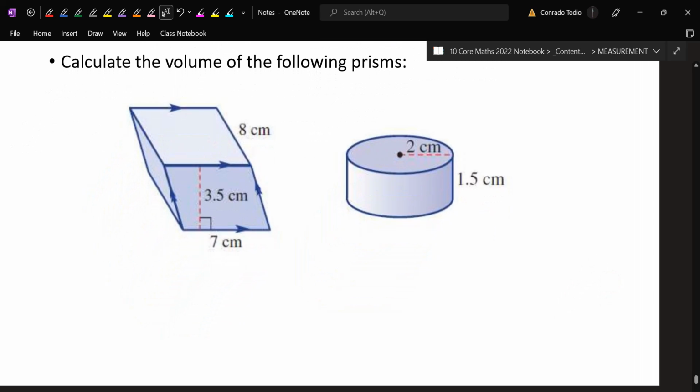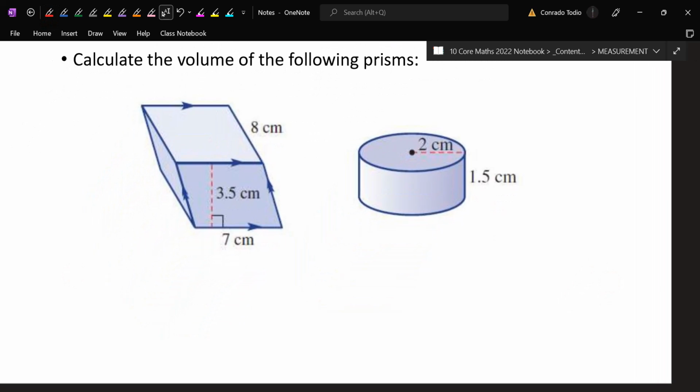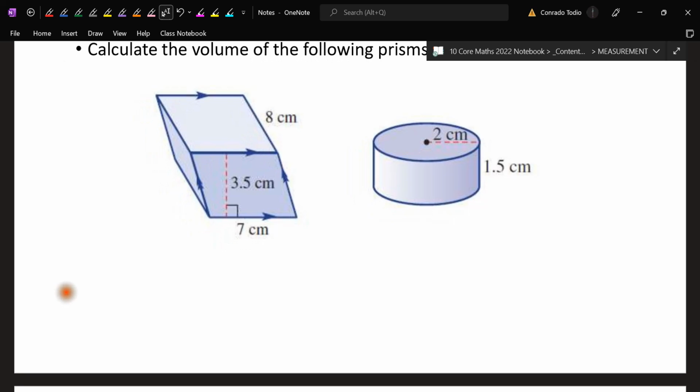All right, so let's work on this. First one there is a parallelogram. Now, if you remember, the area of a parallelogram is base times the height. Really easy. The way that this works is we're going to find the area of this face and then multiply it by this height here.